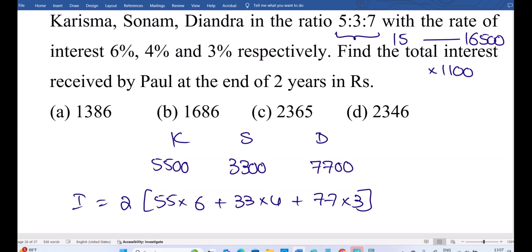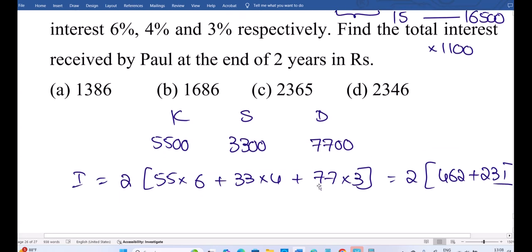So 2 into 330 and 132, we got 462, plus 231. 33 into 4, yeah, 132 only.